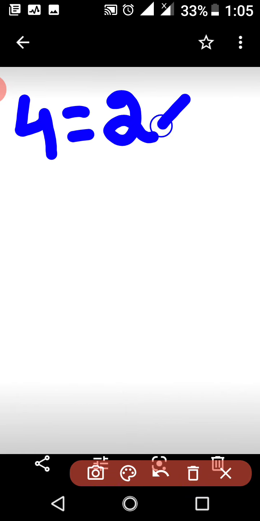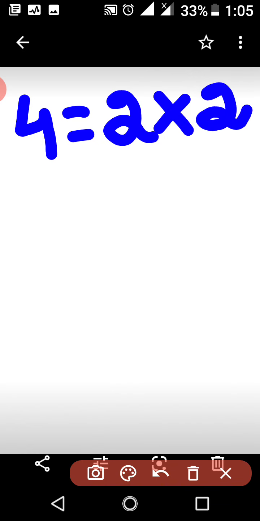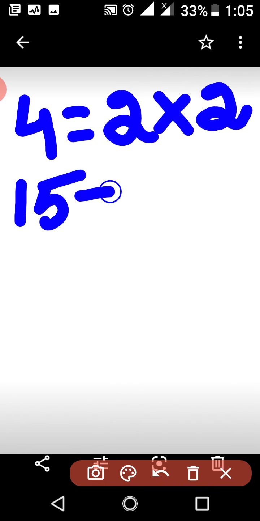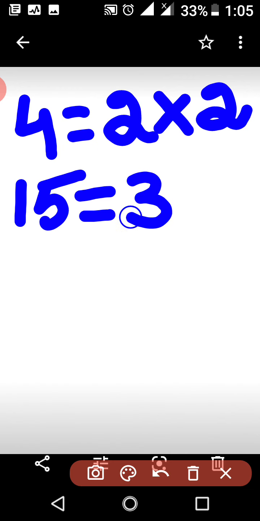Let me explain why 0 is not correct by taking this same question. What are the two numbers given? 4 and 15. 4 in prime factors is 2 twos, and 15 can be written as 3 fives. As we saw in the definition of HCF, it is the highest common factor of the given numbers.